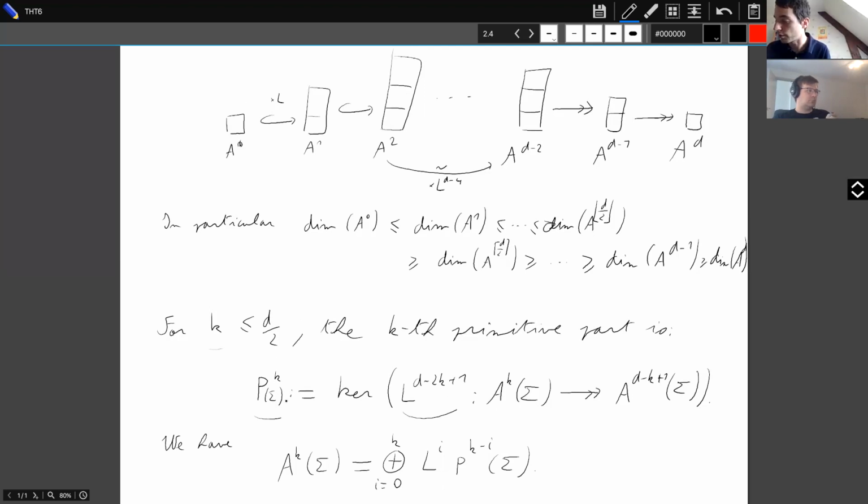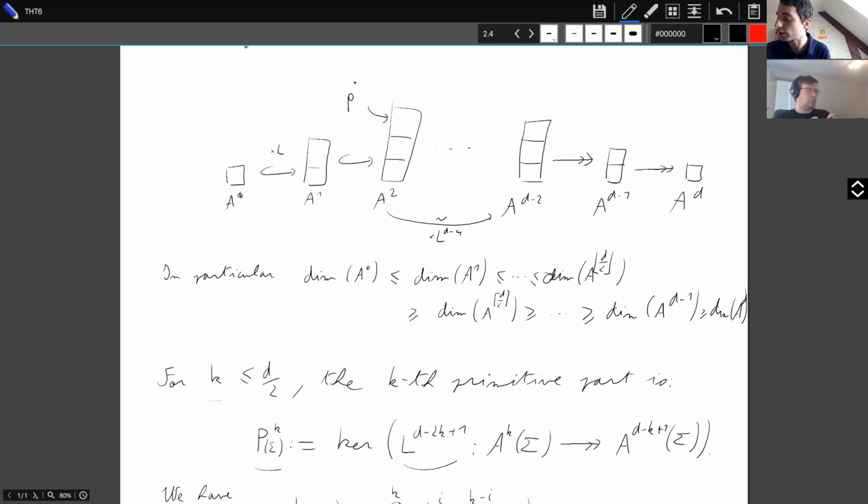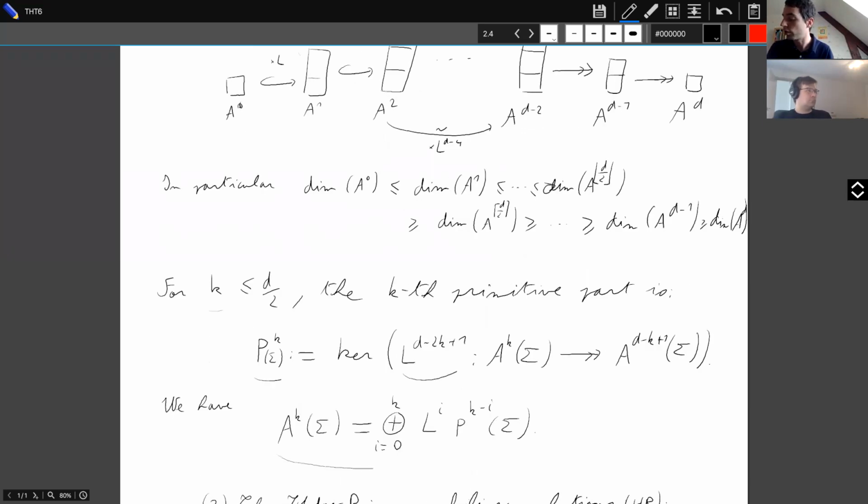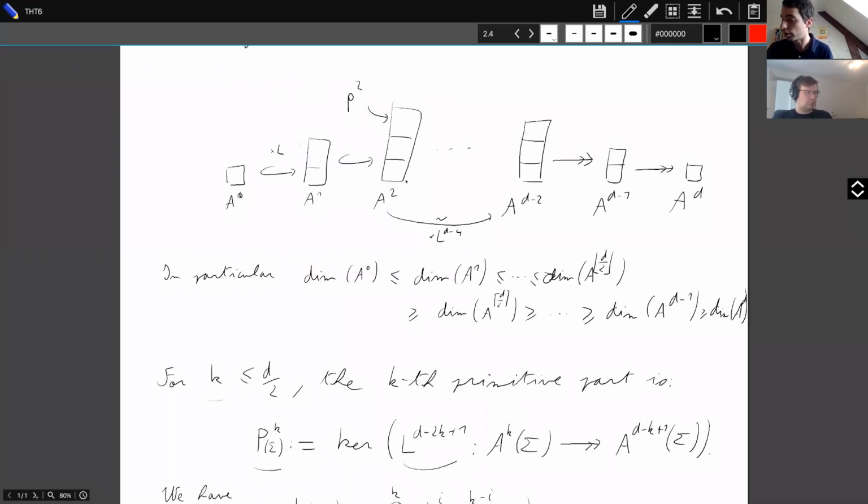So for instance, P^2 is this part, which is a supplement of the image of A^1. So here I have P^1, etc. And so I have a decomposition: A^K is the sum of the multiplications of the different primitive parts. So here I have L^2 of P^0, L of P^1, and P^2. So I have this decomposition.